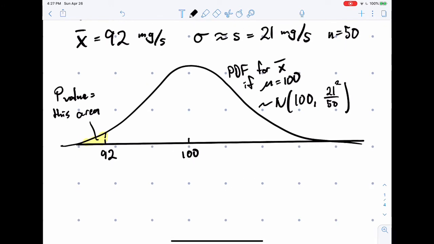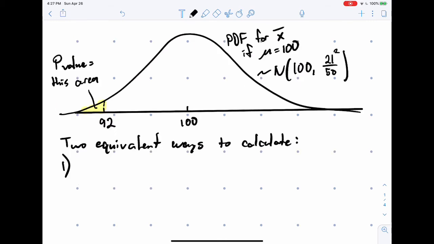There are two ways to do this. We could just plug it in directly. So the first way, which I think is the more straightforward way, is to just look at the probability to the left of there.